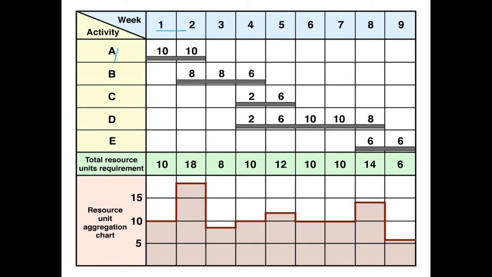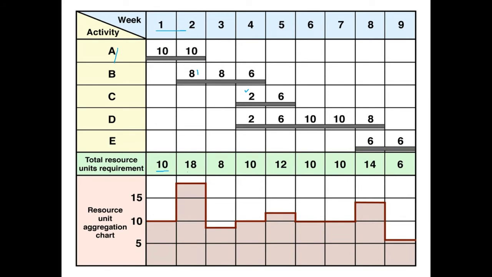So these could be 10 laborers working on activity A on the week 1 and 2, and activity B requires 8 and 6 laborers, and during the 3 weeks this activity will be executed. And activity C is a 2-week activity requiring 2 laborers in the first week, which is week 4, and 6 in the week 5.